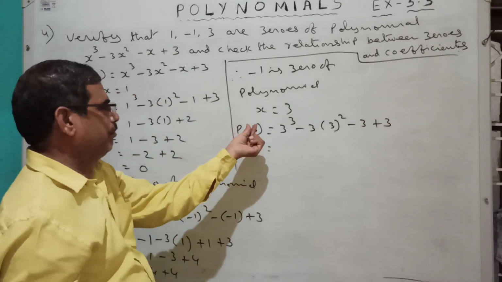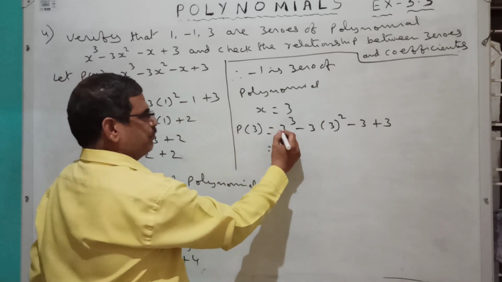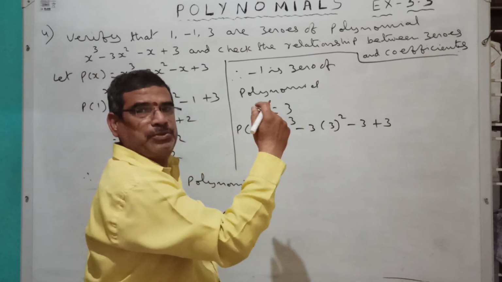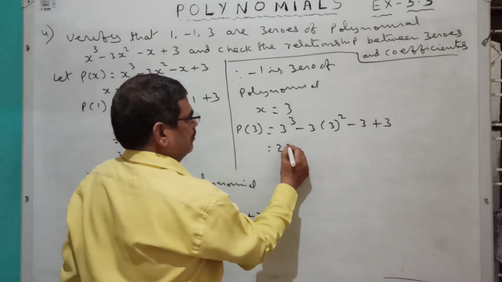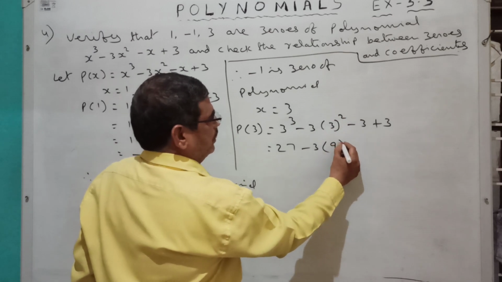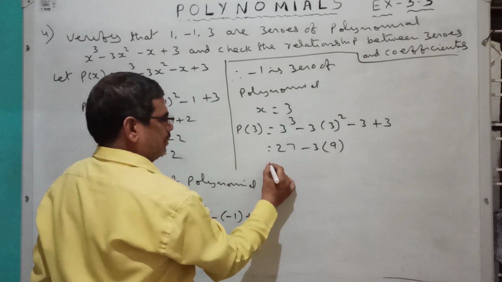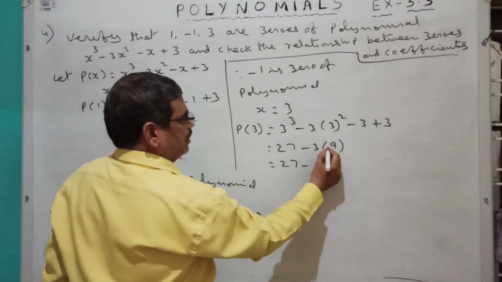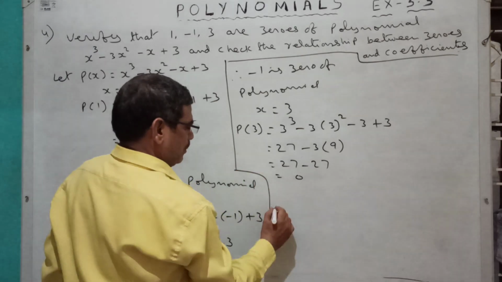Simply I am putting the value 3 in place of x. 3 cube means 3 into 3 into 3. 3 threes are 9, 9 threes are 27. Minus 3 into 3 square means 3 into 3, 9. Minus 3 plus 3 will get cancelled. So 27 minus 3 nines are 27, that is equal to 0.